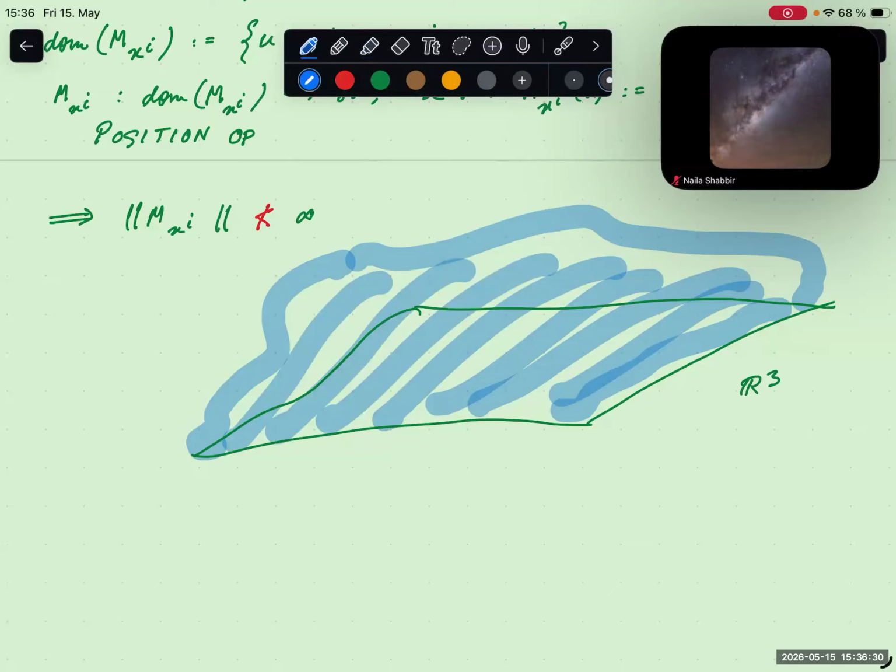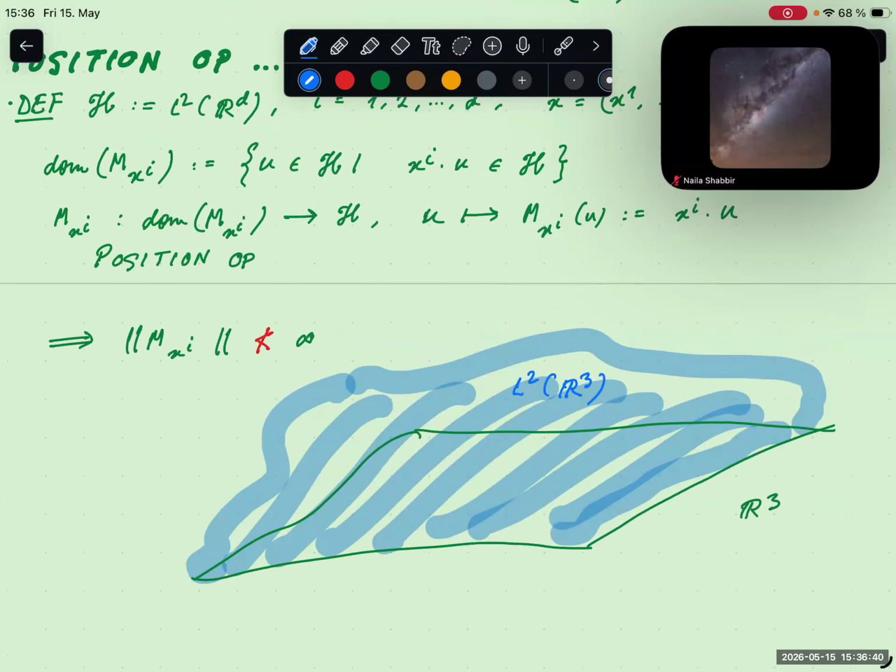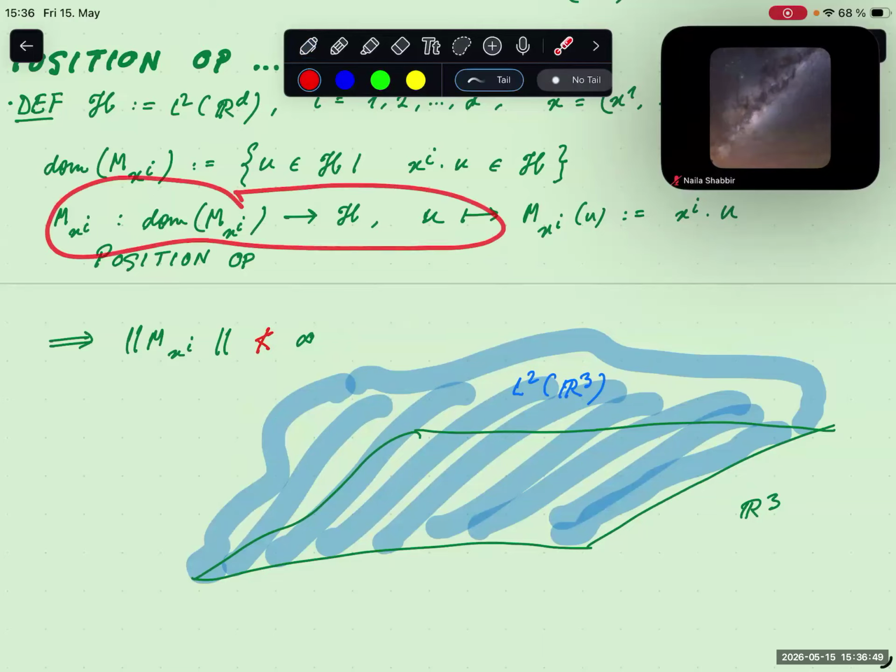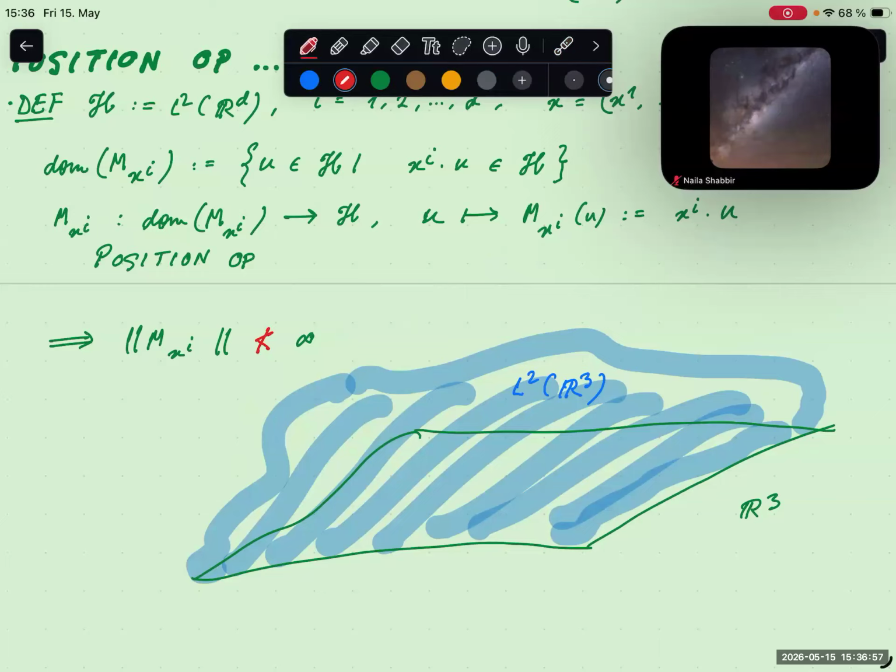So this is L^2(R^3). Now, mathematical analysis tells us you cannot define this operator everywhere on R^3. Rather, you have to define on some dense subset of R^3.